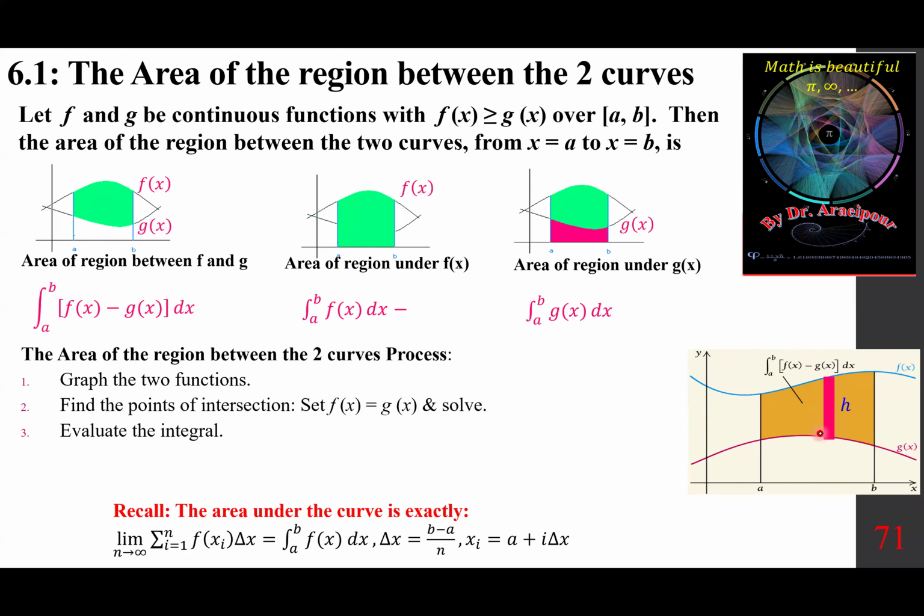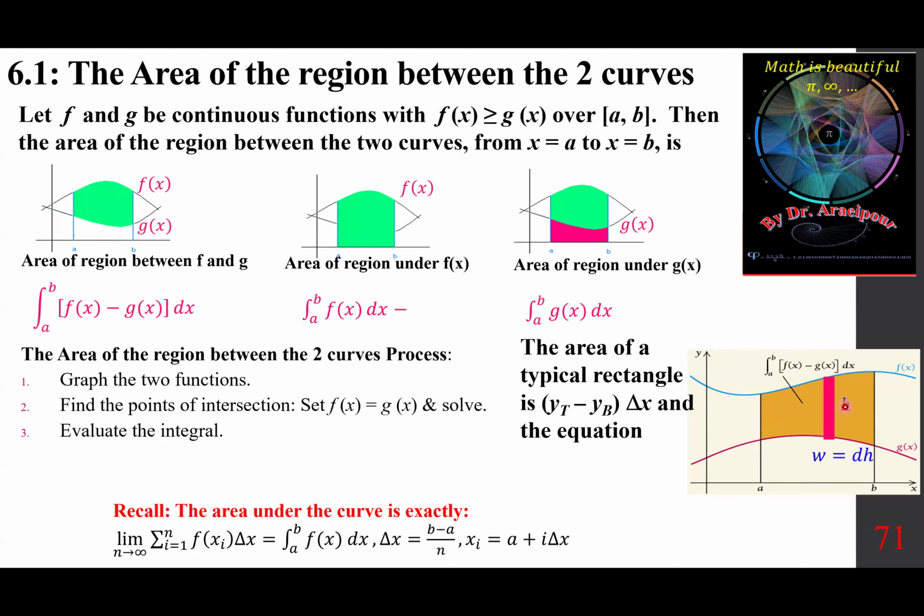We call it dh. Now, depending upon whether we move this rectangle along the x-axis, then it becomes dx, or if it's this way, up and down, it becomes dy. So the area of a typical rectangle is y of the top minus y of the bottom. This is y of the top.